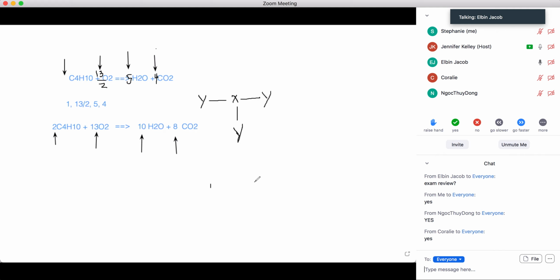Yeah. T-shaped. It's trigonal bipyramidal. Yeah, I think you're right there. So there would be one in the middle, one at the top, one at the bottom. That would be octahedral. You're right. Trigonal bipyramidal. Okay, so that makes sense.